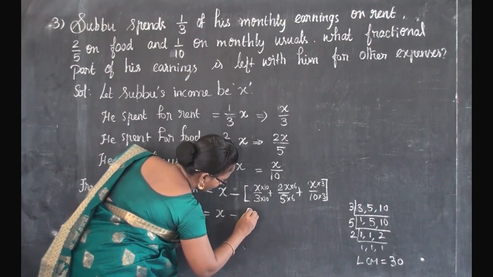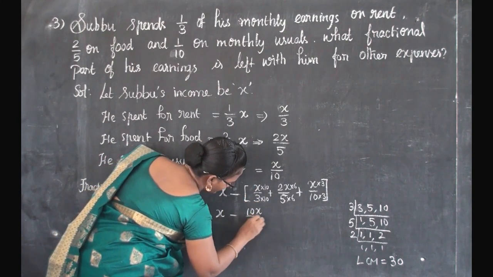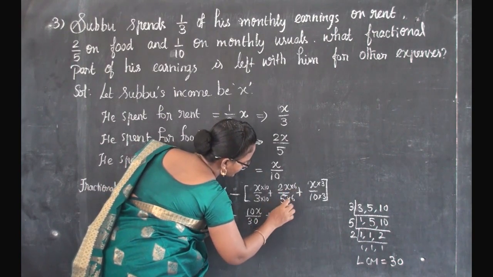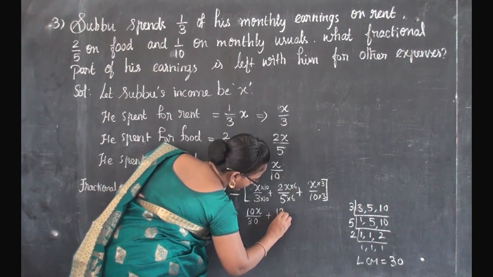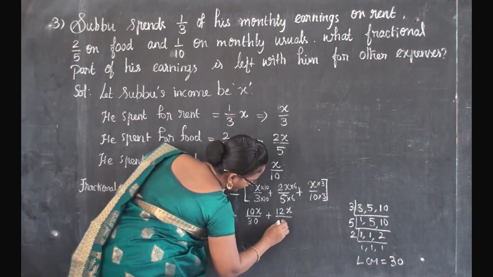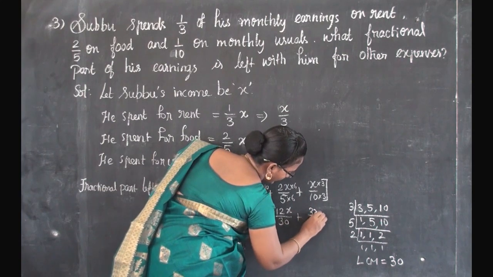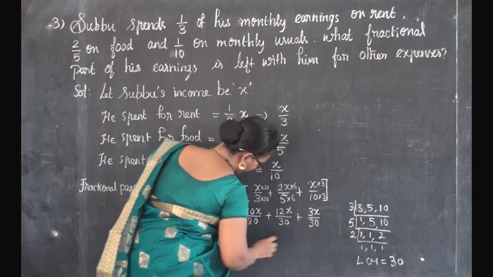So x into 10, 10x by 30 plus 2x into 6, 12x by 30 plus 3x by 30.